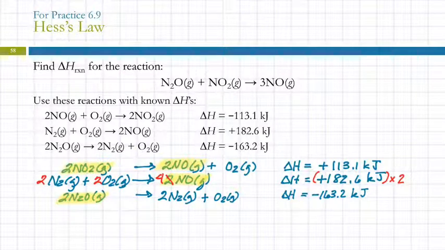So those cancel out. So this and this go away. Because when I have the same thing on the reactants and the products, that means that it wasn't in the overall reaction. I have 2 O2 here, and I have an O2 from the first reaction and an O2 from the second reaction. That's a total of 2. So, use a different color. This will cancel out those 2. Everybody okay with that?